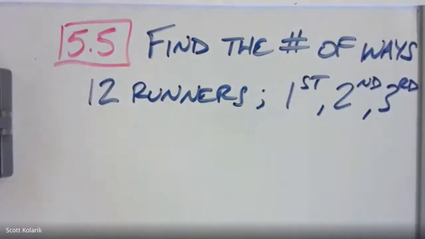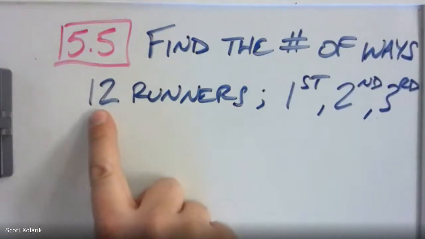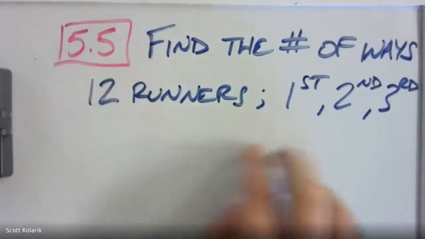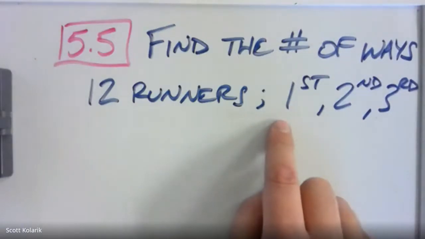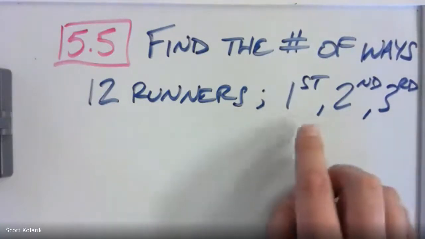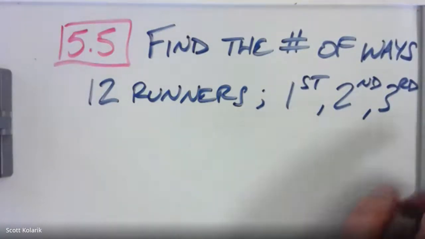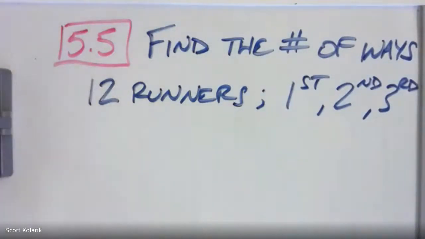Be prepared for your final that this number might change. You may have a different number of runners. And in this example, we're only going to third, but on your final exam, you could be asked how many different ways can people finish first, second, or first, second, third, fourth, or first through sixth, and so on and so forth. These two pieces will change depending on your final.